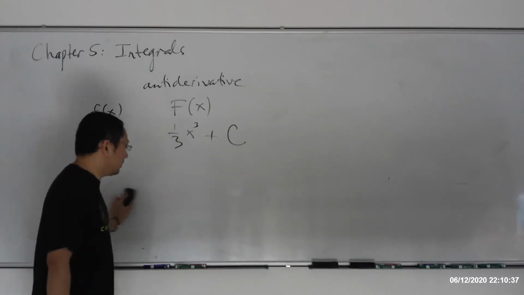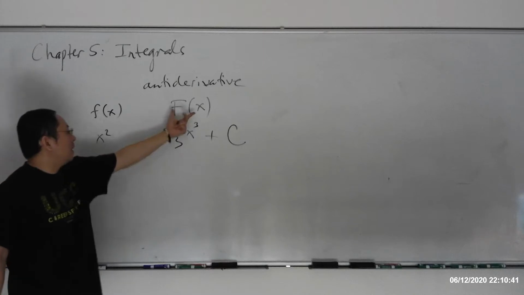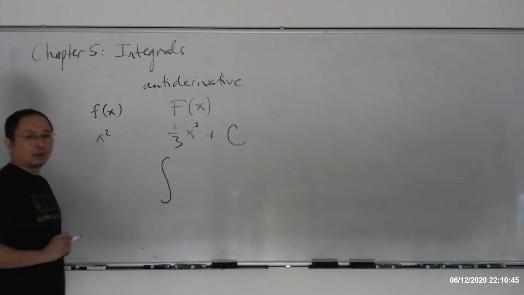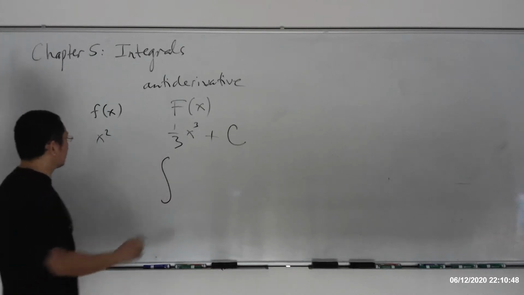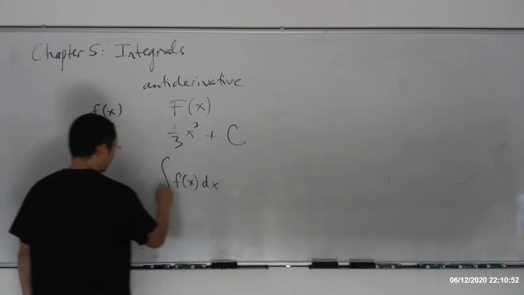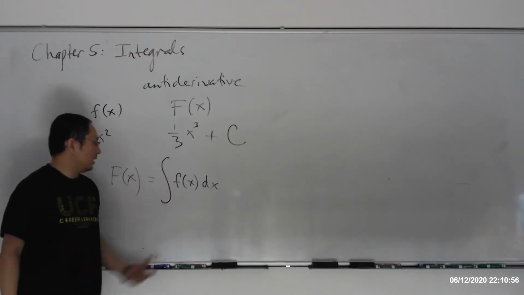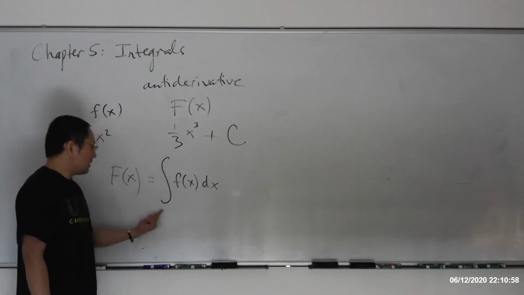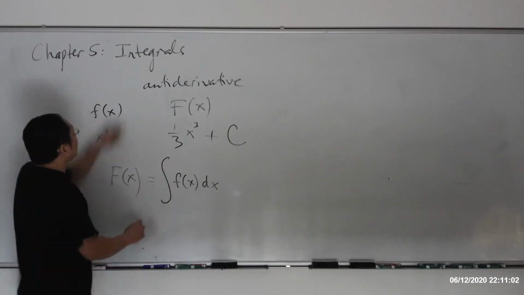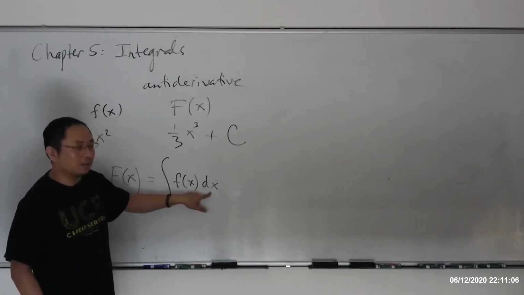Now, I'm going to introduce the notation of the antiderivative function. So instead of writing big F of x, we denote it this way: a long S, the integral of the function f of x dx, is big F of x. This long S notation is called the integral of the function f of x, and then dx right here is the Leibniz notation.